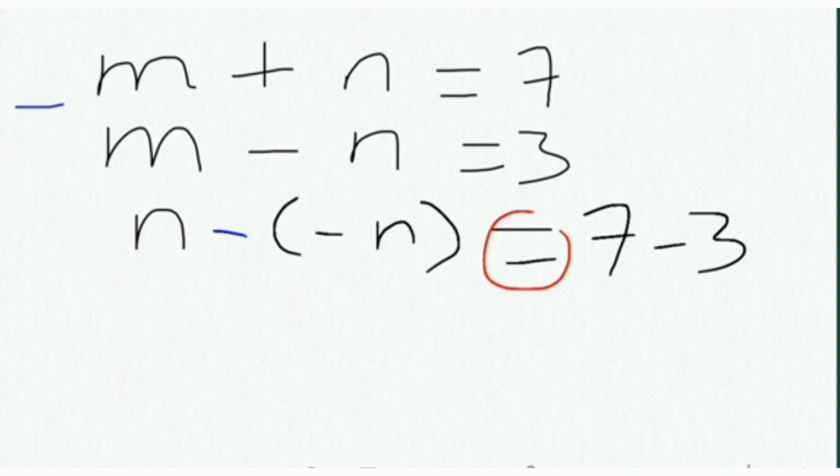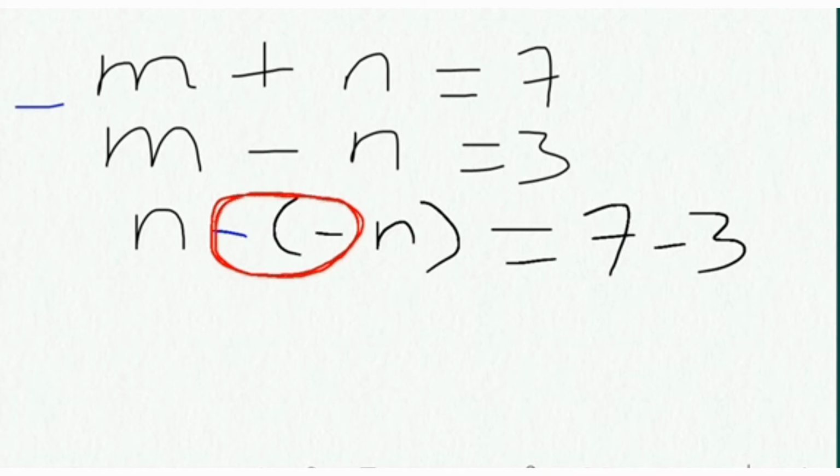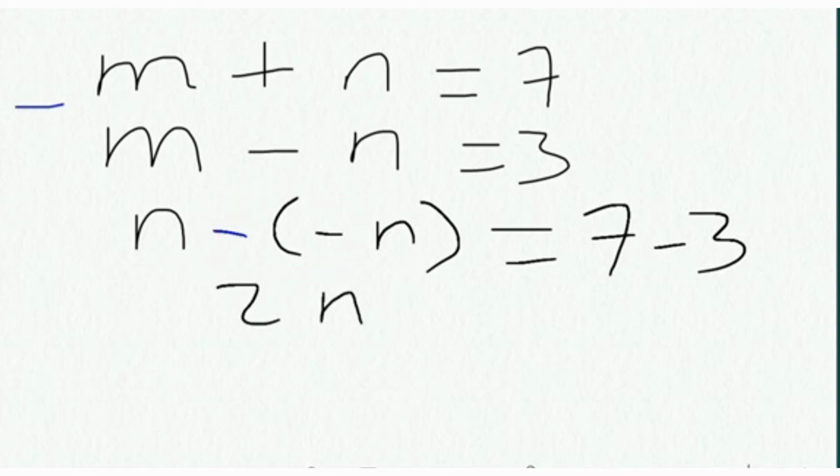Then equal to 7 minus 3. Okay. And n minus negative n. Negative times negative is positive. So meaning this one will be plus sign. And n plus n, that will be 2n.